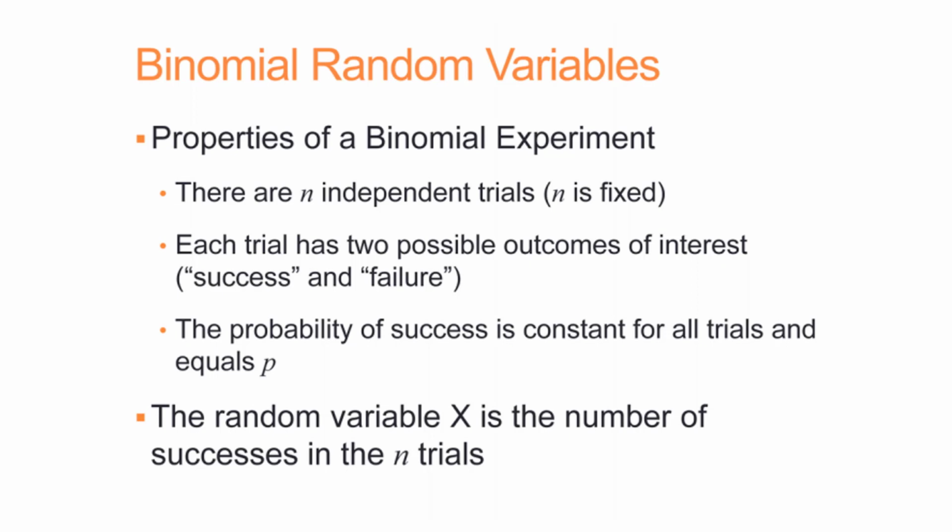Each trial has two possible outcomes of interest: success versus failure, diabetic versus non-diabetic. The probability of success is constant for all trials and equals p.